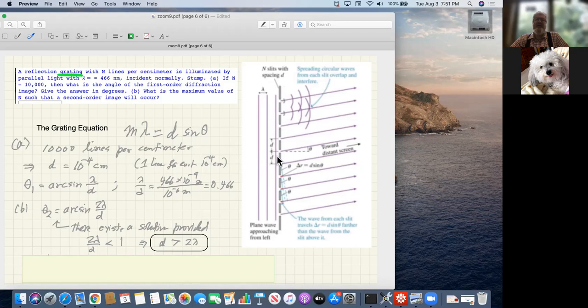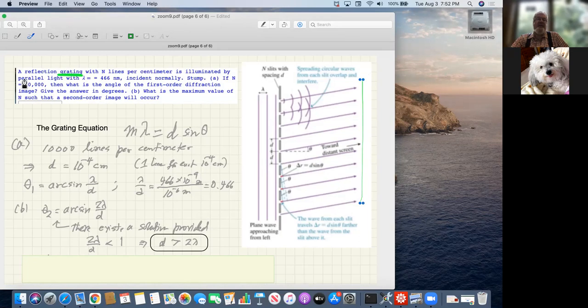Well, this is an opaque screen with N slits. And the light coming through all those slits undergoes diffraction, and they all interfere. So in some directions, some angle theta, there'll be constructive interference, and we'll get a bright region of light. If we projected the light onto a screen over here, there would be bright regions where there's constructive interference.